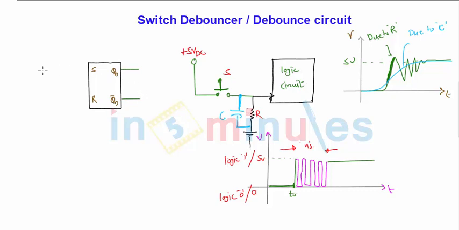And the inputs for this, S and R, are grounded or pulled down by pull down resistors.